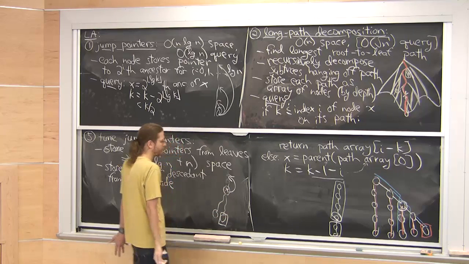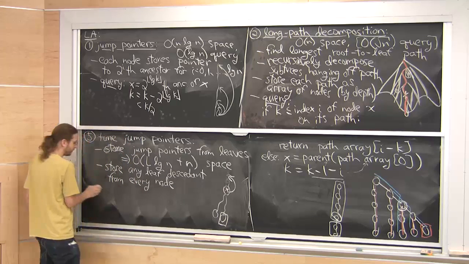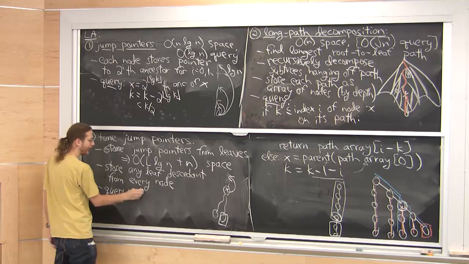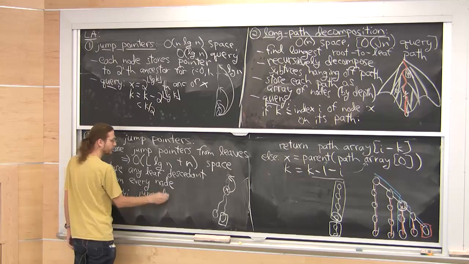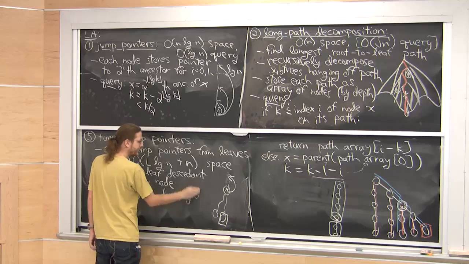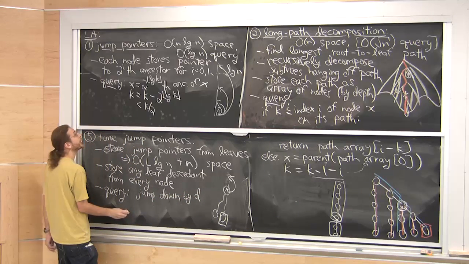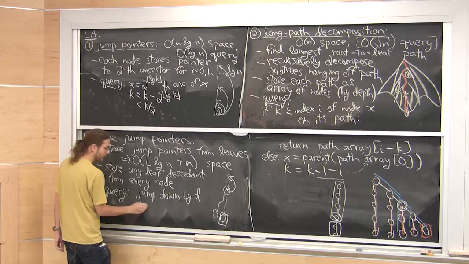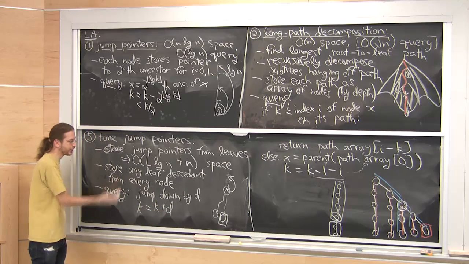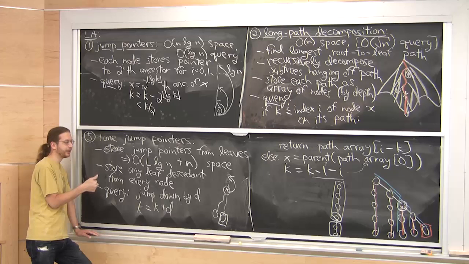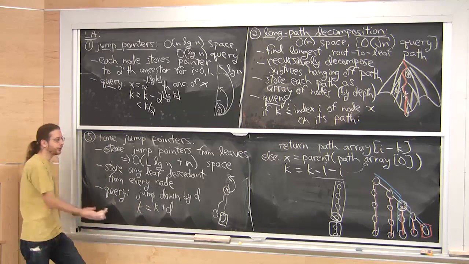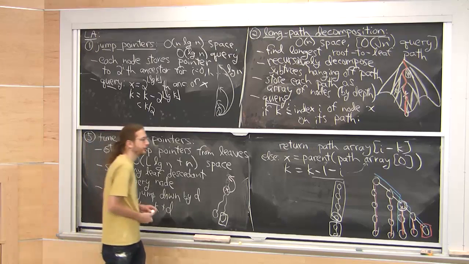Now I have to do a query. Let's say I jump down by d, then my k becomes k plus d. If I went down by d, and I want to go up by k from my original point, now I have to go up by k plus d. But we know how to go up from any node that has jump pointers.